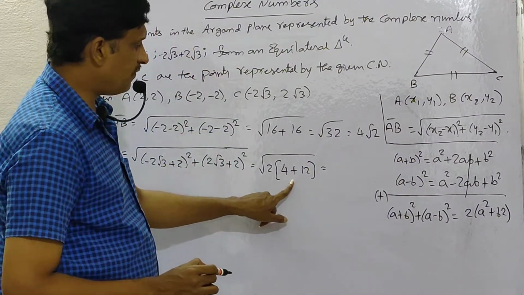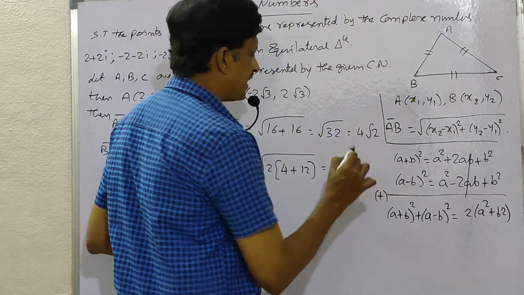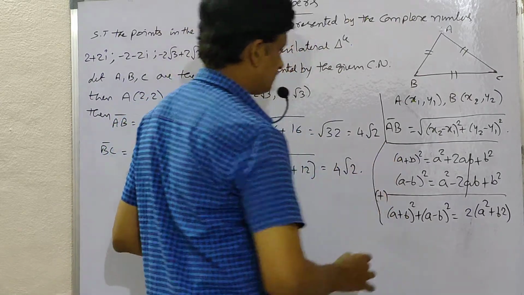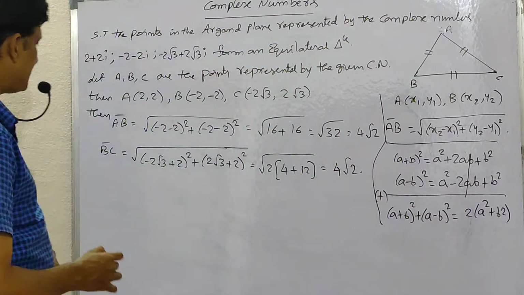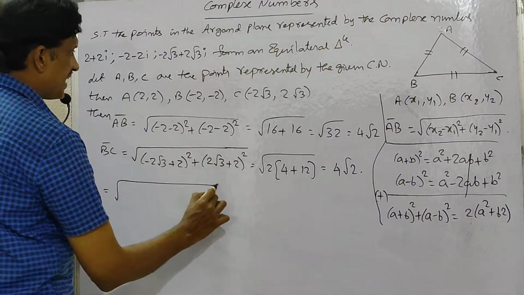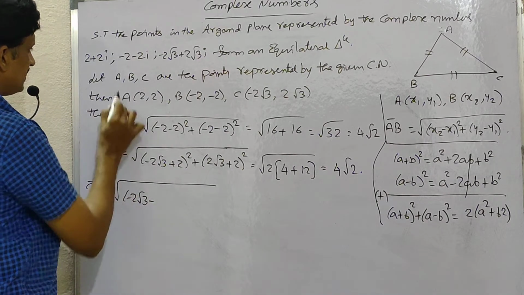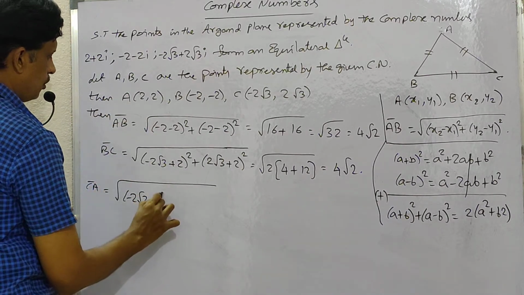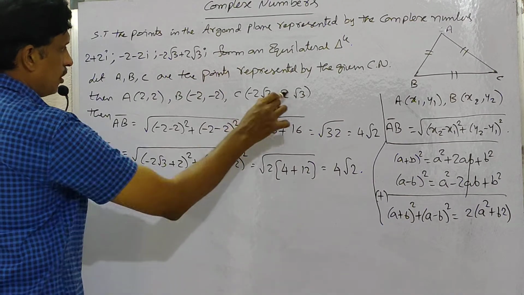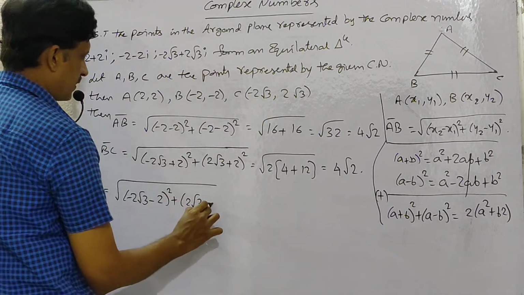So 12 plus 4 is 16, again 16 into 2, root 32, which is 4 root 2. You are getting 4 root 2 again. Next, CA, the distance between the 2 points C and A: (minus 2 root 3 minus 2) whole square plus (2 root 3 minus 2) whole square.